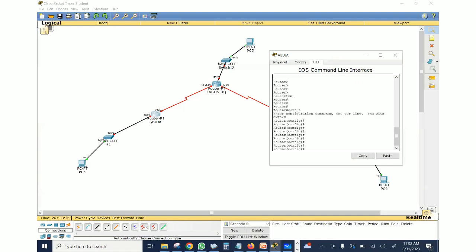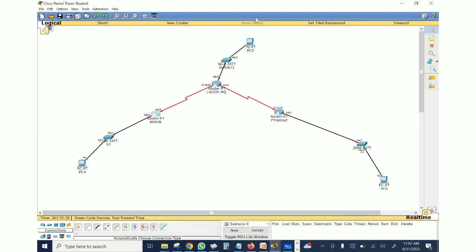So we are configuring this interface. Let me label this. If you don't know how to label, just pick this place notes, bring it here. So this is 10.10.0.0/24 network. So that's how to label.